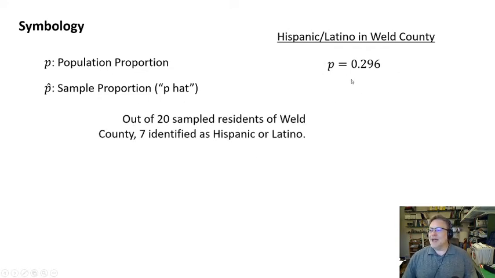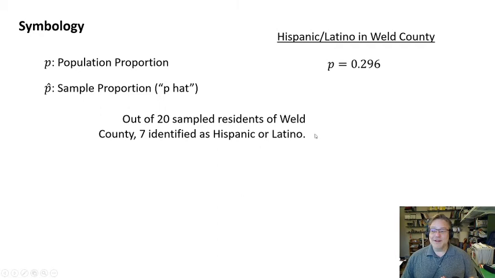So let's say here we have a population proportion of 29.6, or 0.296 as a decimal, of the people in Weld County who identify as Hispanic or Latino. Let's say we're not sure what that is. We want to go out and find out what that is. So we randomly sample 20 residents of Weld County, and we find that 7 of them identify as Hispanic or Latino.